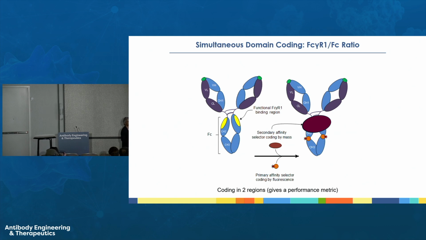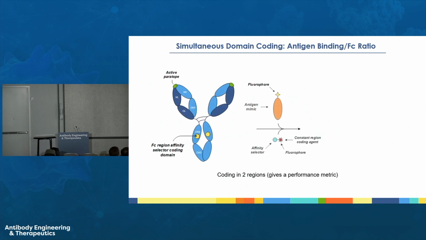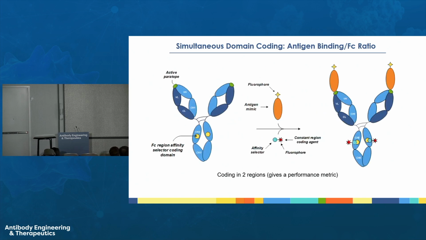What happens next? Like we were explaining at the beginning, can you actually do simultaneous domain coding? Can you measure, for example, Fcγ receptor binding, which binds at the hinge region and upper CH2, and get a ratio to find out how much Fcγ binding happens in an antibody population? Can you measure antigen binding ability?